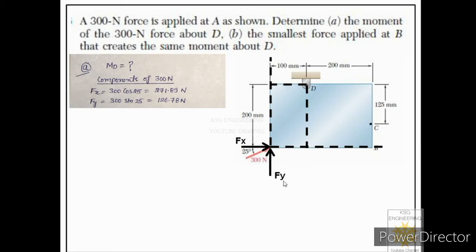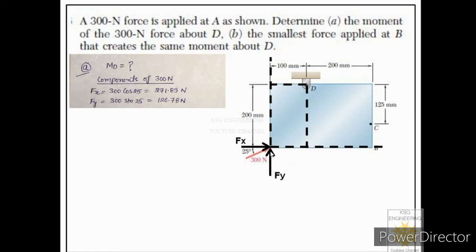So if we want to find its moment, that will be equal to 126.78 multiplied by 100 mm. Then we have to determine whether that moment is clockwise or anti-clockwise. For that, we have to see the direction of that component and the moment center, and see the shortest path.